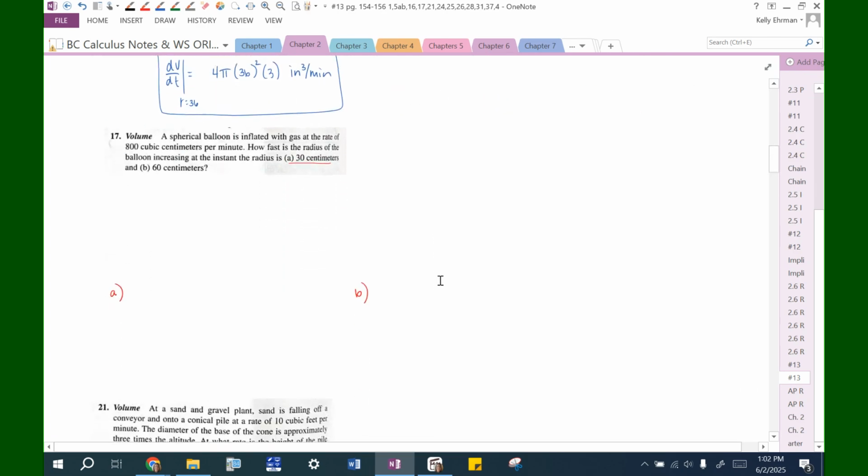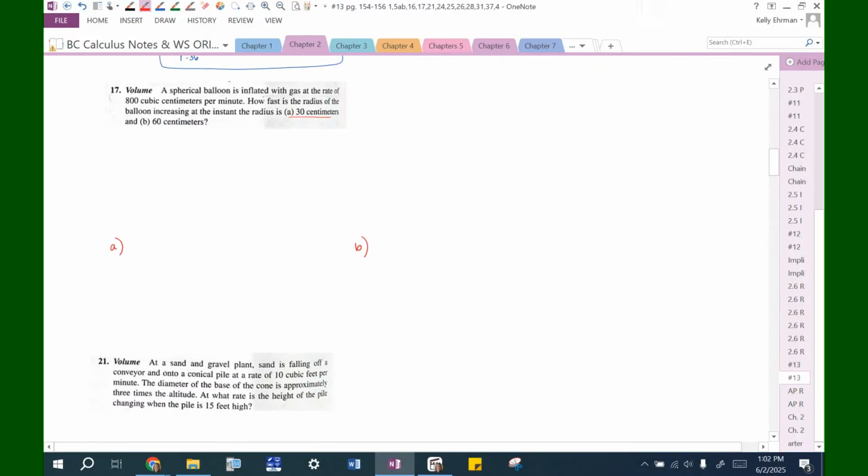All right. For number 17, a spherical balloon is inflated with gas at the rate of 800 cubic centimeters per minute. How fast is the radius of the balloon increasing at the instant the radius is 30 and 60 centimeters? All right, so what do we know? We know this time dV/dt, the rate at which the volume is changing, I should say.